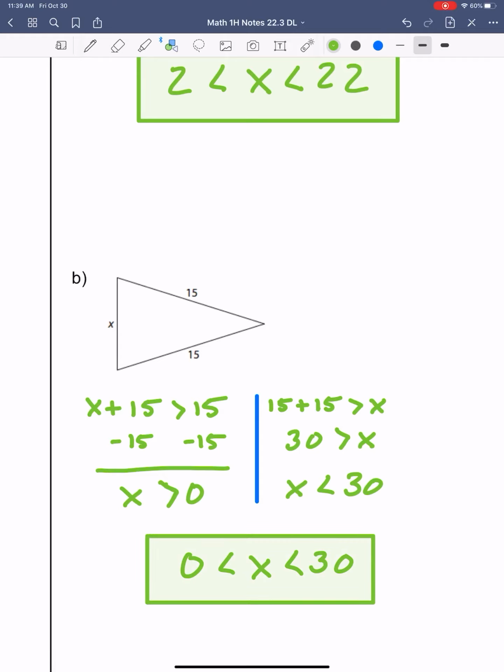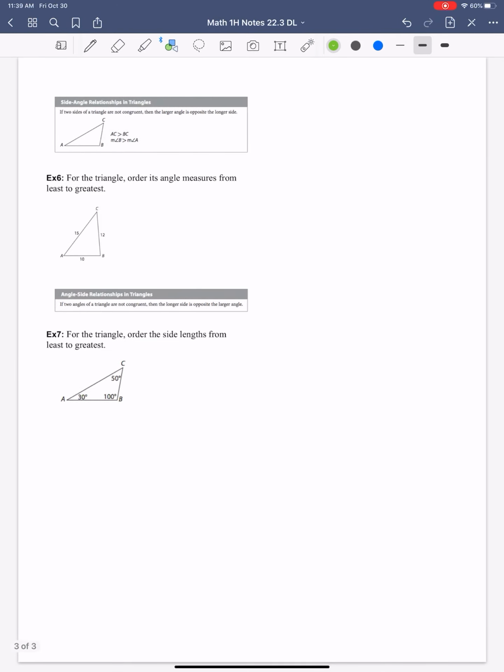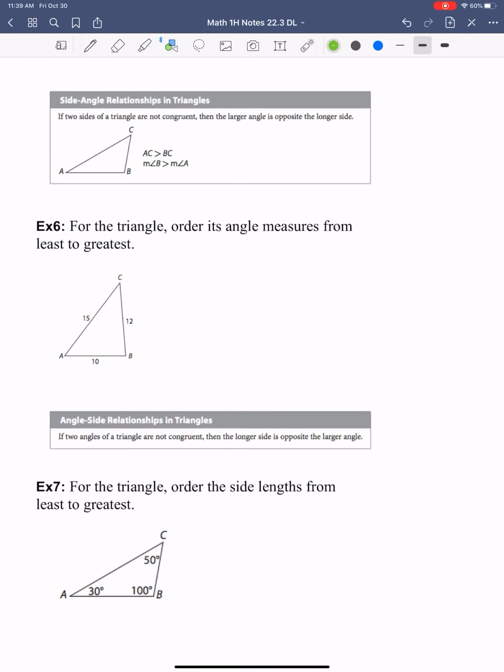All right, we'll keep going here. And the next one, we've got another statement that says this is a side angle relationships in triangles, and it says if two sides of a triangle are not congruent, then the larger angle is opposite the longer side.